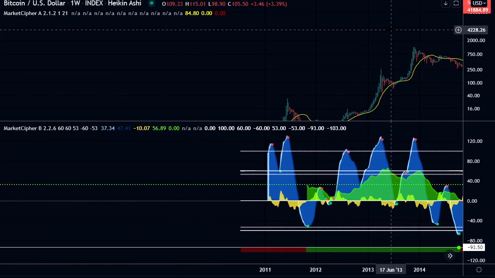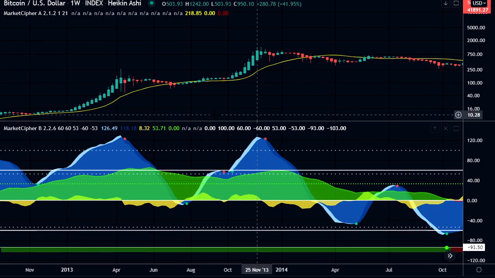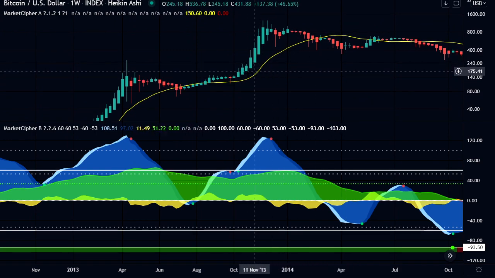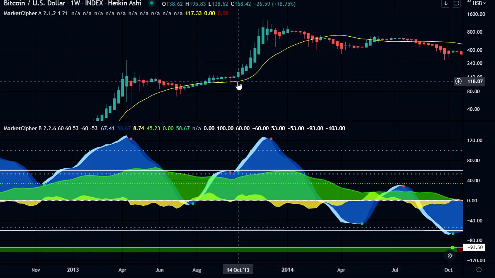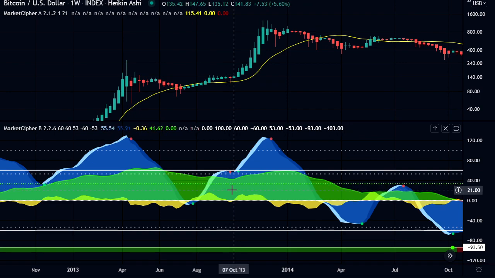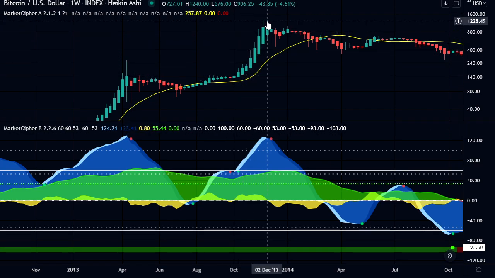And just zooming in on that a bit closer, we can see we got that red dot. We did have this decent drop here to this yellow line, which is the 20-week moving average. And then several weeks after, 2 weeks after, we got that green dot around mid-October. And then we did finish off this bull run.